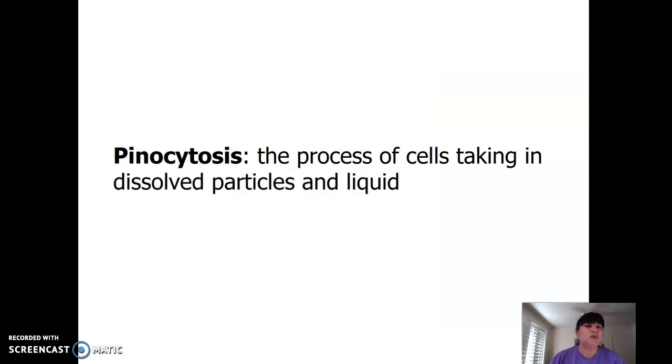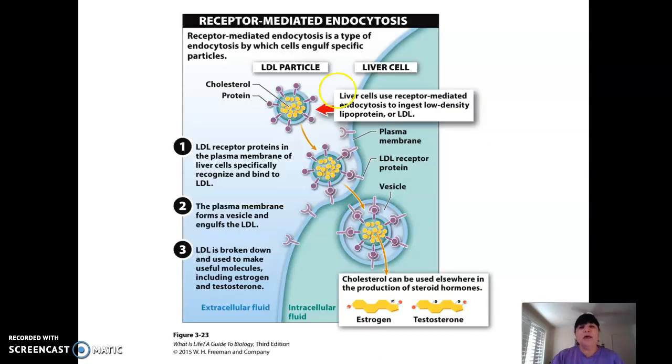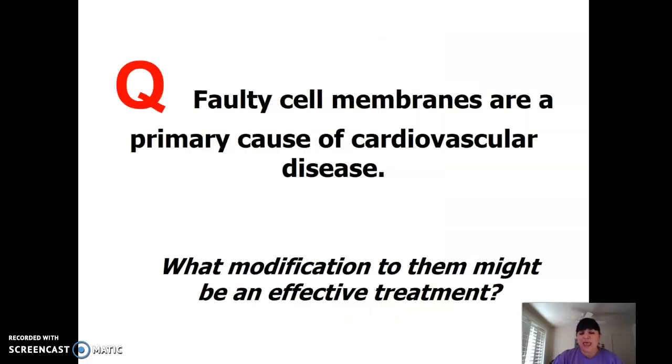Pinocytosis means cell drinking. Let's say the cell wants to sample some of the stuff from the outside, it kind of caves in. It's called invaginating. It caves in and takes in the stuff from the outside, but it's taking a lot of stuff, big particles and so on. So that's pinocytosis.